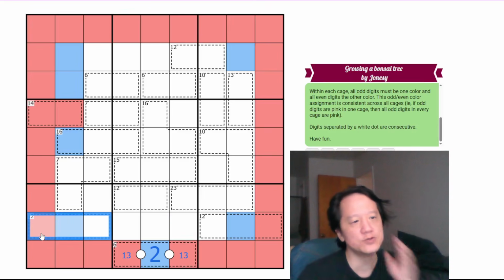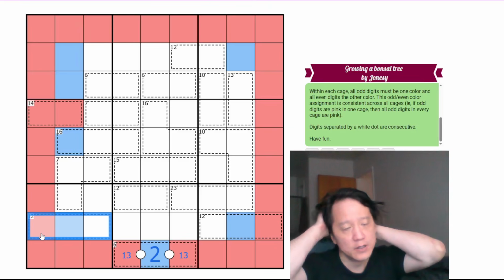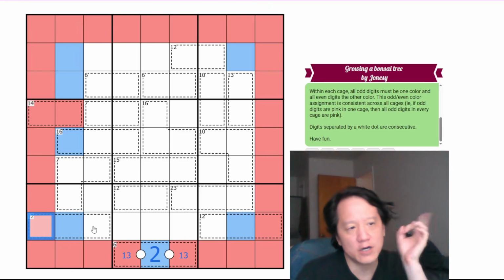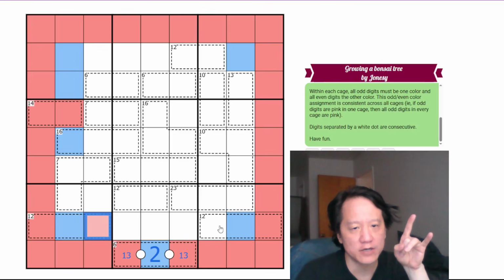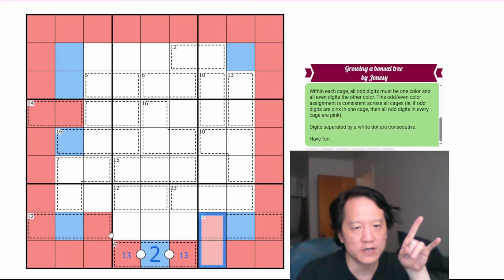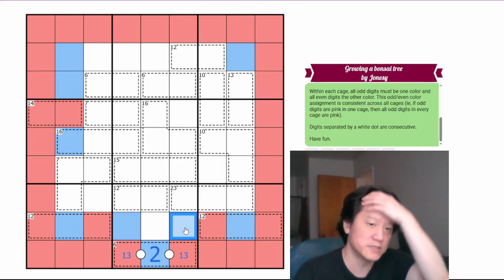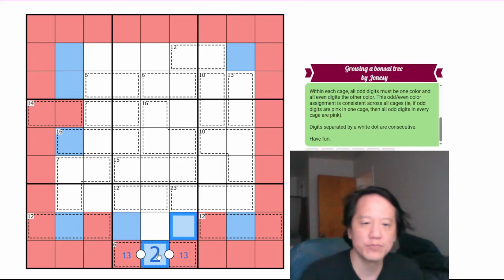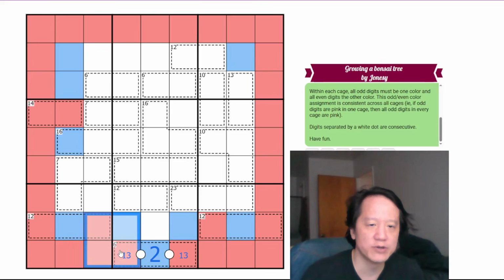Again, to add up to an even sum, this has one odd and one even, which adds up to an odd sum. So to add up to an even sum here, we need another odd here. And it's the same with this for this 12. So we have odd and odd there, which makes these both blue because we have a 2 by 2 area that's all red.